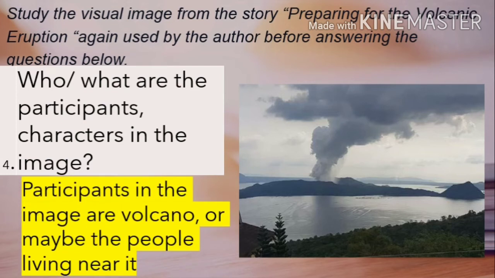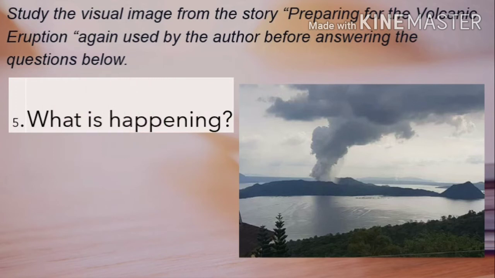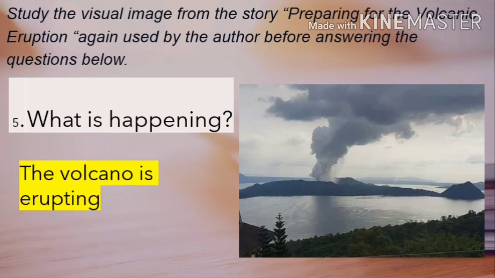We can say that participants in the image are, as what we can see, the volcano, or maybe the people living near it. What is happening? From the image, we can tell that the volcano is erupting.